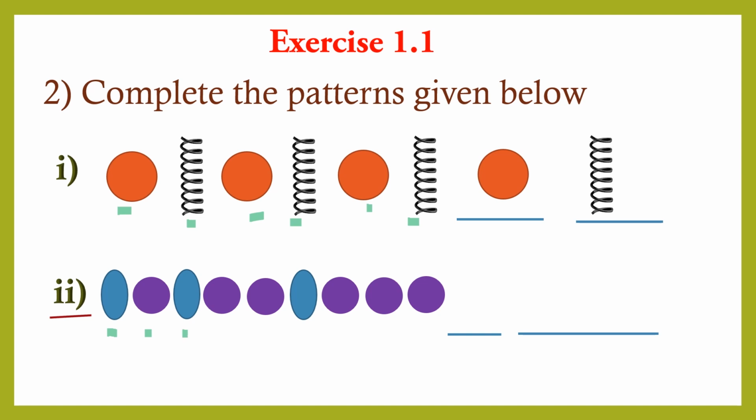Next we have one oval shape, two circle shapes. Again we have one oval shape and three circle shapes. So to complete this pattern, we have to repeat the oval shape and increase the count of circle shapes. So draw one oval shape and four circle shapes.